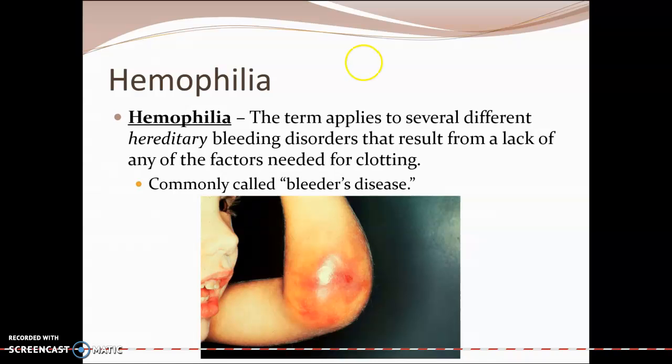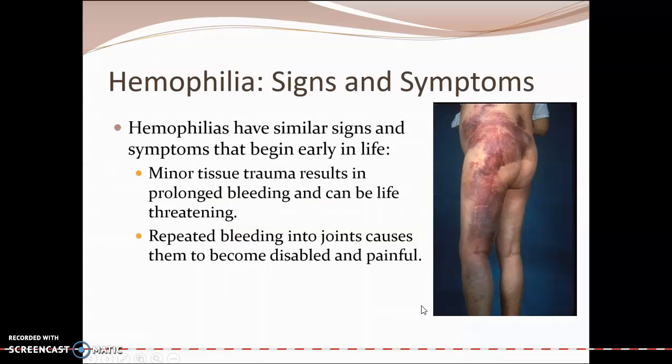This child here probably just smacked his elbow, and for you and I, we'll just get a bruise. But for him, that bruise never started clotting to prevent continued blood flow, so it just continues to flow and fill that space. It's also called bleeder's disease.